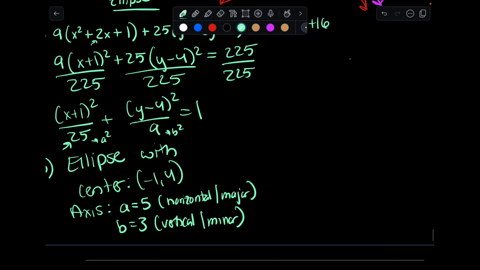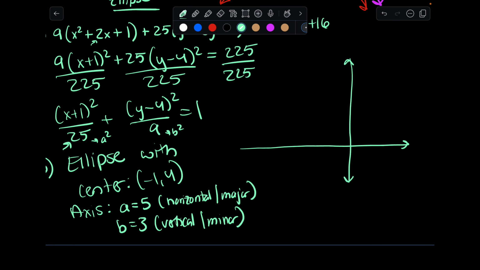All right, so if we do a sketch of this, we are kind of in quadrant 2. The center is at -1, 4, so we'll be up here.